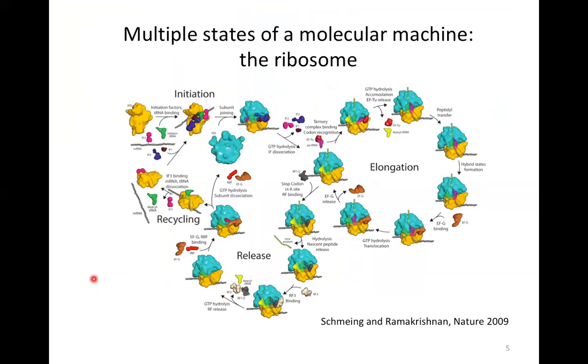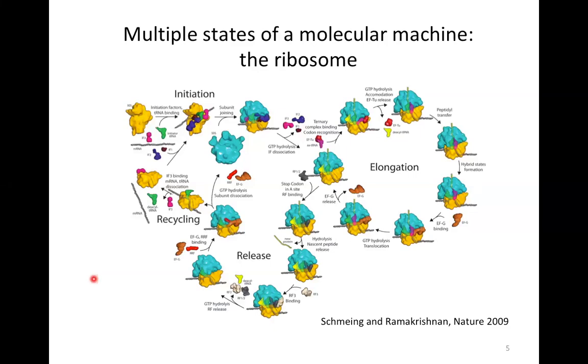Here's an example of multiple states of a molecular machine, the ribosome. This is an illustration that was put together by Venki Ramakrishnan. It shows that there are many states that follow in sequence, and some of them are cyclic.